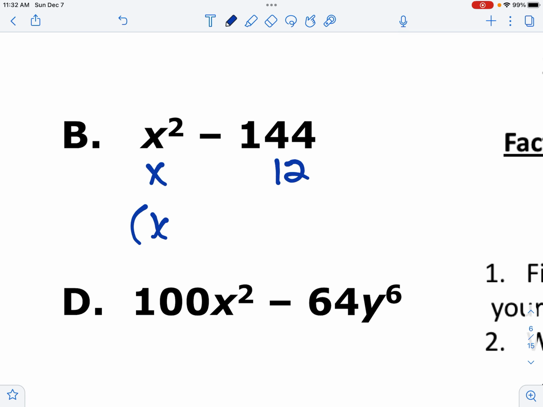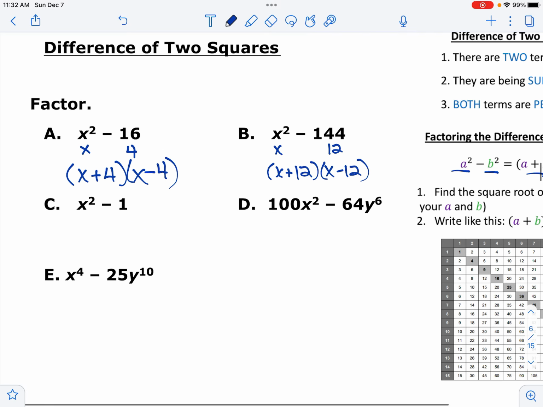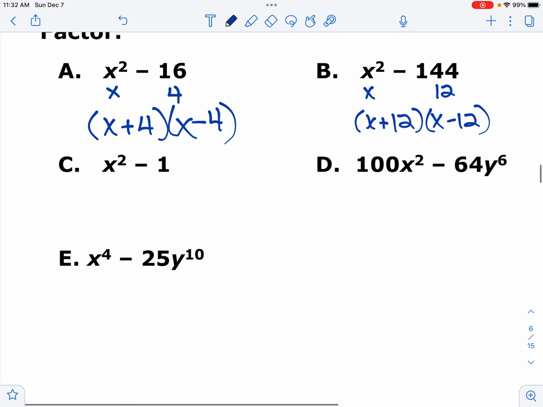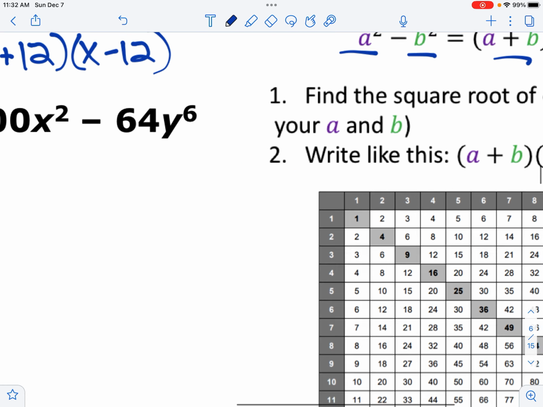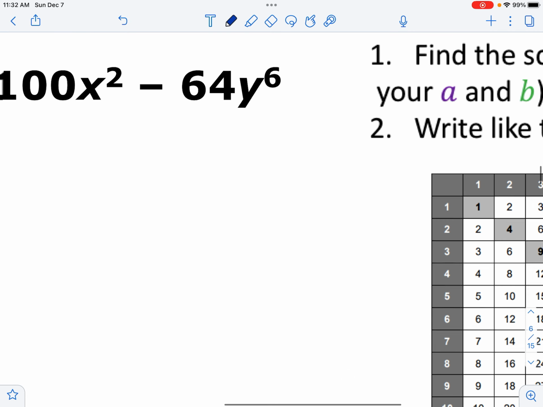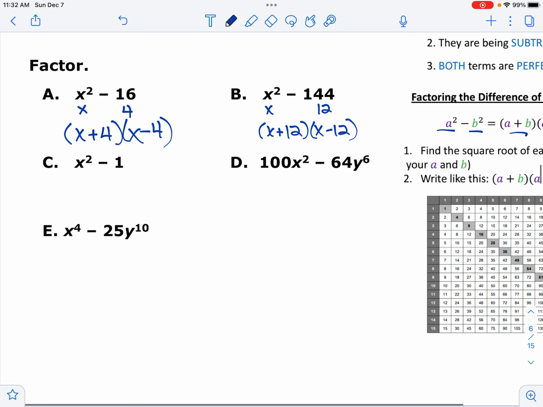So this would be x plus 12, x minus 12. That's the factored form of that. Well, we know that x squared is a perfect square, and the square root of 1 is 1, 1 times 1, right? So this would be x plus 1, x minus 1.